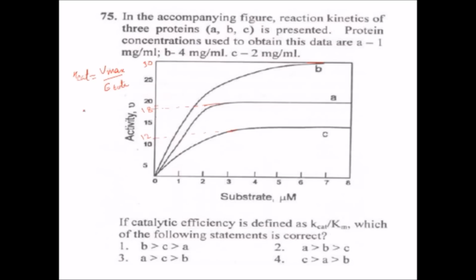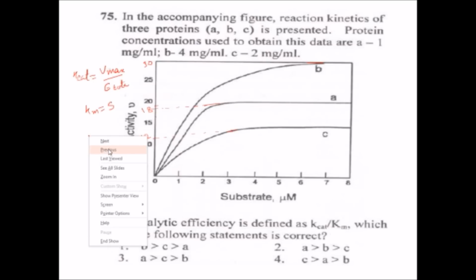Now what is Km? We can also relate Km as equal to the substrate concentration when V is half of Vmax. Okay, so we can say that Km is equal to the substrate concentration when the velocity is half of the Vmax.